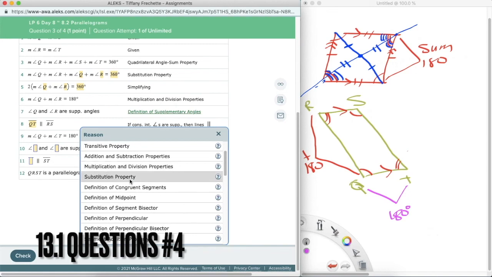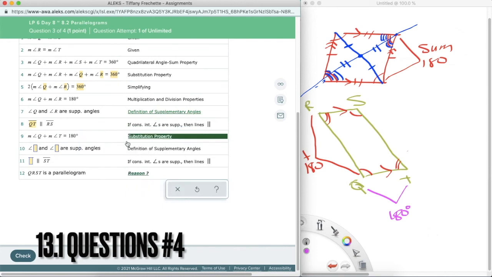This one is, I believe, going to be substitution, because instead of R, we're substituting R for T. So we're going all the way from step 6, we have Q plus R equals 180. And then we're skipping down here, and instead of Q plus R, we're writing Q plus T, because T and R are the same. They equal each other. So we're substituting, again, T for R, so we're going back to T on that one.